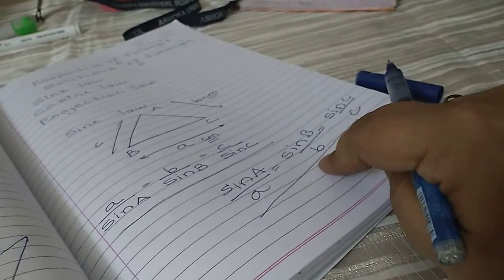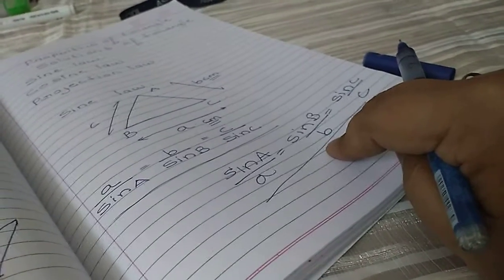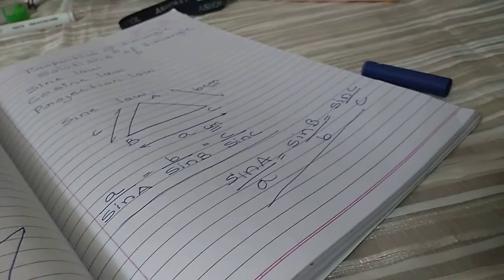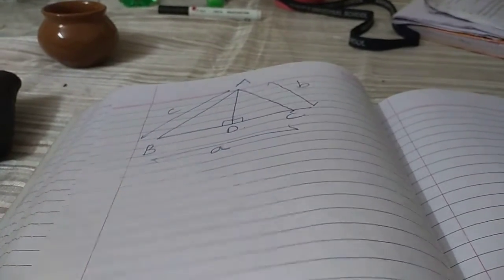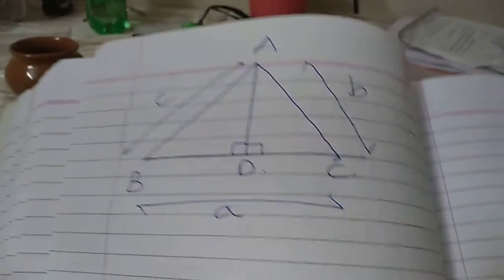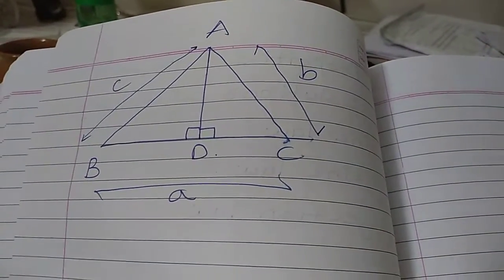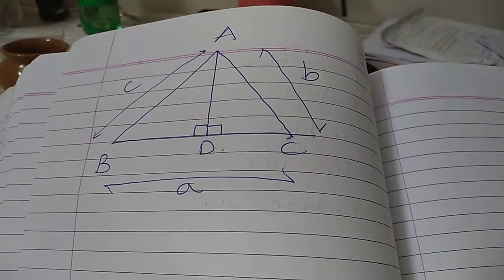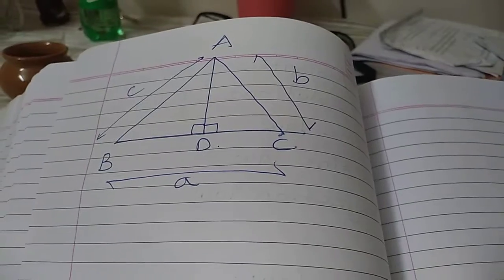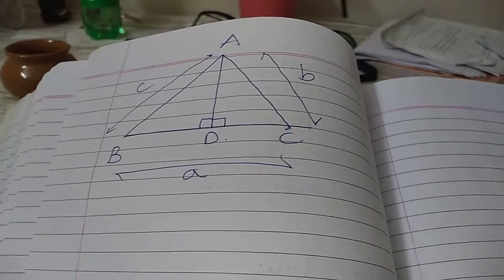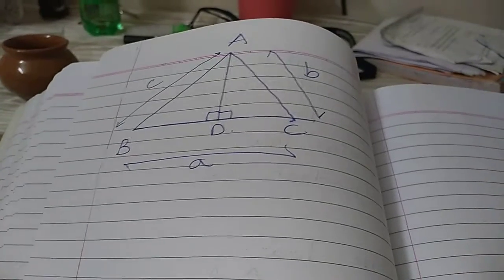Now I go ahead with the derivation part, how to derive this formula. Please see to it. You can observe an acute angle triangle here with the sides as A, B, C and the angles as capital A, capital B, capital C. This is an oblique triangle, an acute angle triangle, and I am deriving the sine relationship for it.